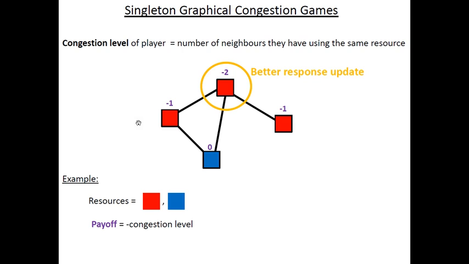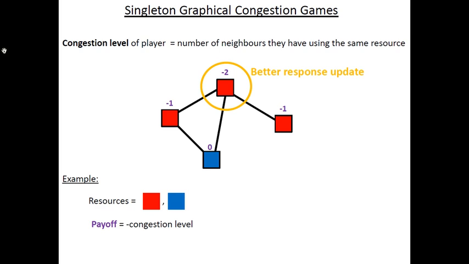Now, the idea behind our systems is we're going to suppose that they evolve. You see, the title of this project is the Convergence Dynamics of Graphical Congestion Games. So the kind of dynamics we're going to be thinking about are things like better response updating. In better response updating, we assume that the system evolves through time because the players asynchronously change their choices of resources.